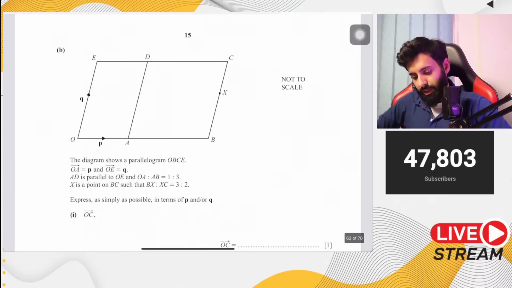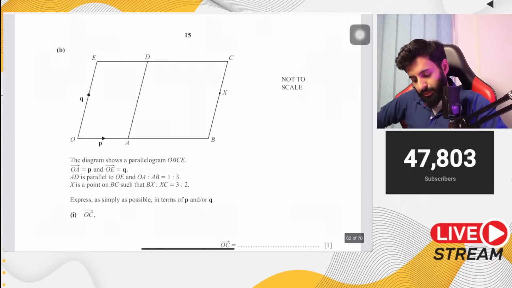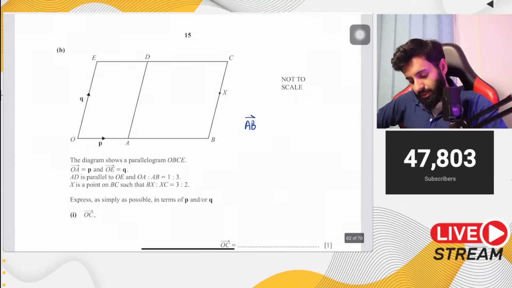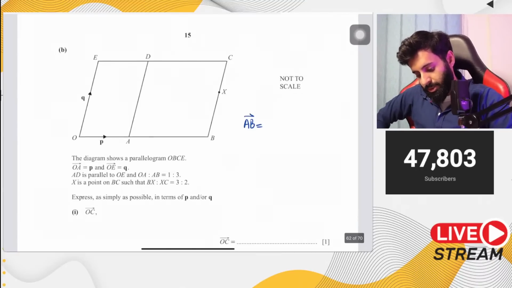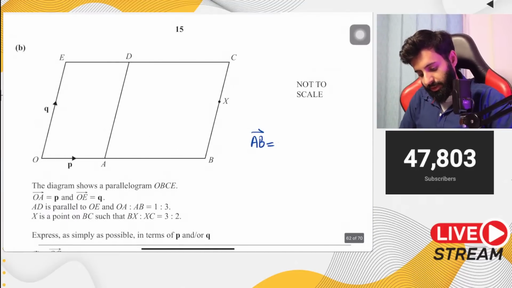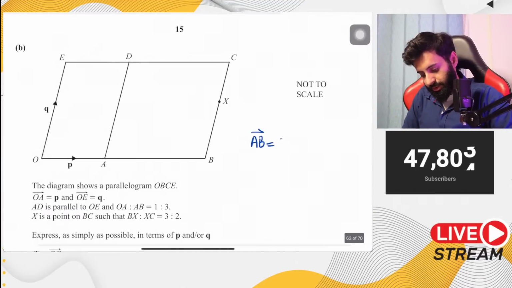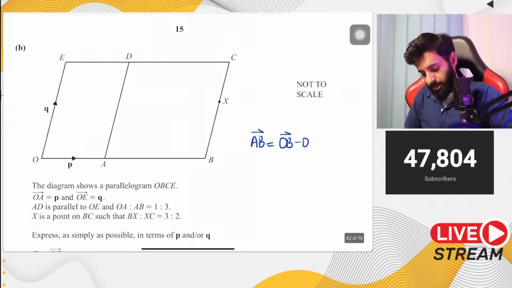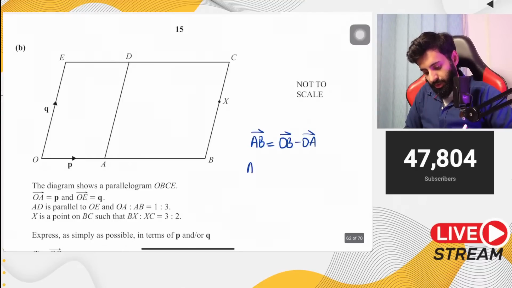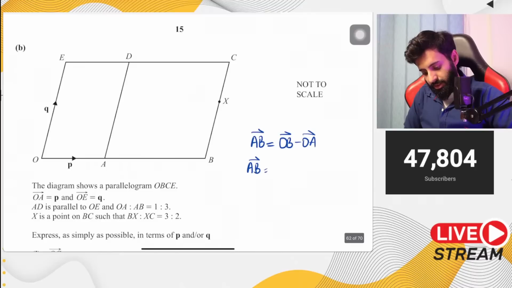All right, so for example, if let's say you have AB. Now AB can be written as OB minus OA. Now this is not related to this question, I'm just answering a general question. You can write this as OB minus OA, or the same AB can be written as AO plus OB. इसको ऐसे भी लिख सकते हैं.